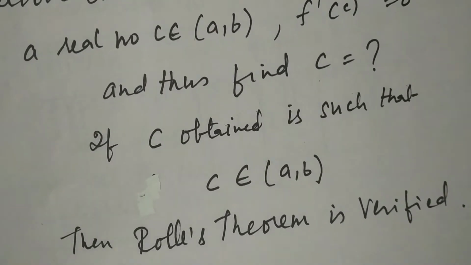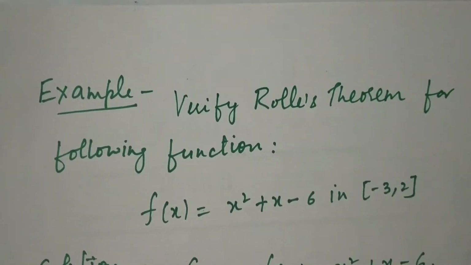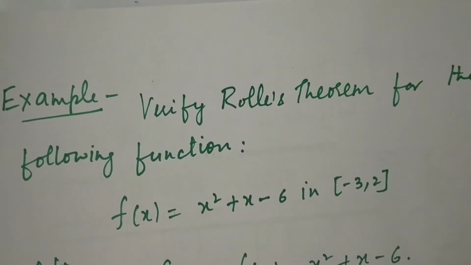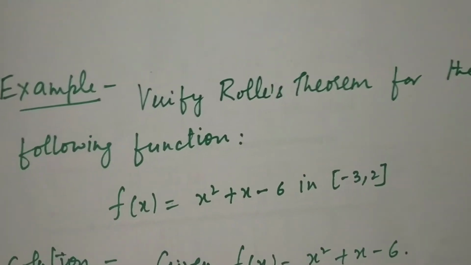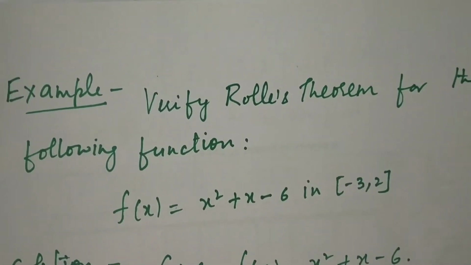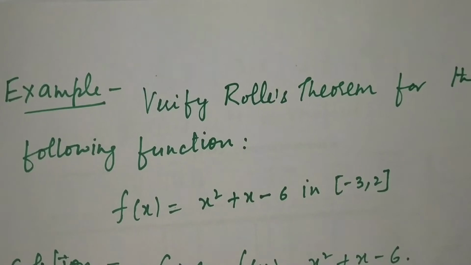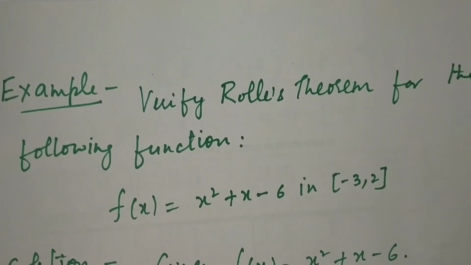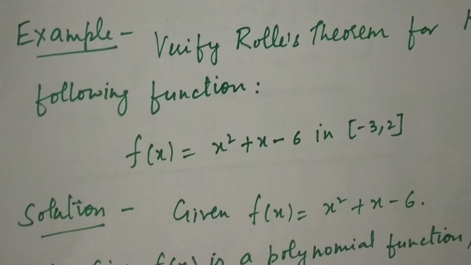Let us do one example of this Rolle's theorem. This example says: verify Rolle's theorem for the following function, f(x) equals x squared plus x minus 6 in the interval [-3, 2].